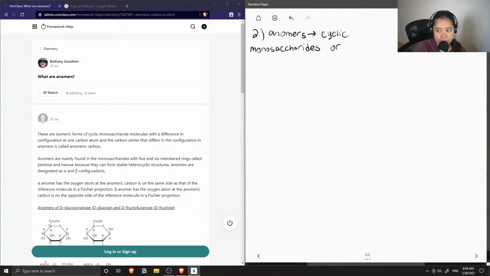And they can also be described as stereoisomers of cyclic sugars that differ in configuration.